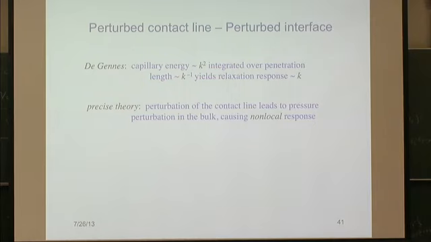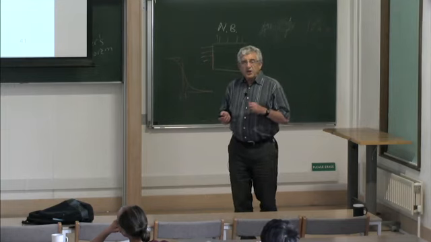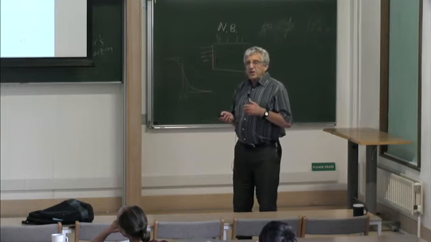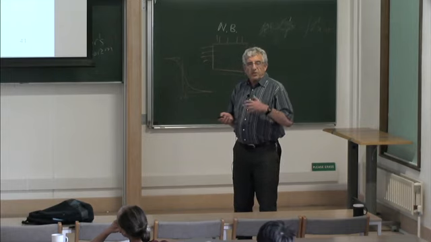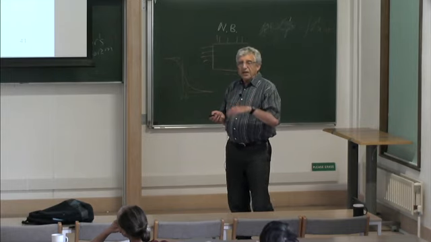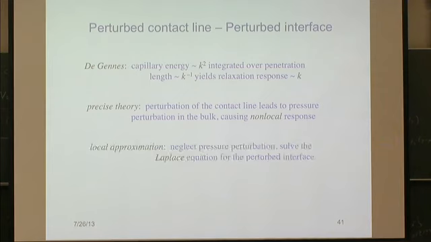And this can be made more precise, but not very precise, because in reality the perturbation of the contact line also leads to a pressure perturbation in the bulk, and this is already a non-local effect. The pressure will affect the entire droplet.